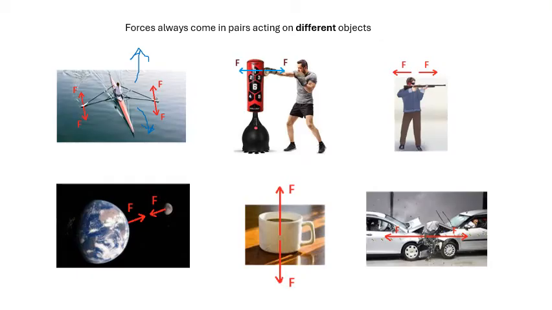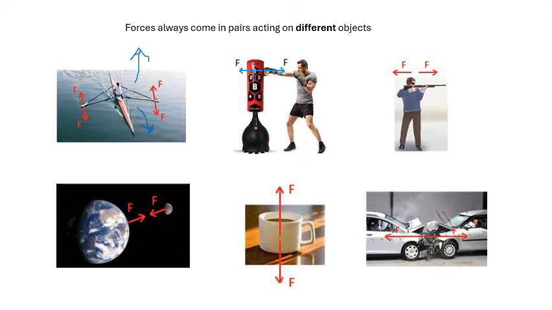The earth pulls the moon towards it, because of gravity. The moon pulls the earth towards it, which is why we have tides, because the water on the earth is being pulled by the gravity of the moon, and then as the earth rotates, this bulge in the water covers different parts of the earth.